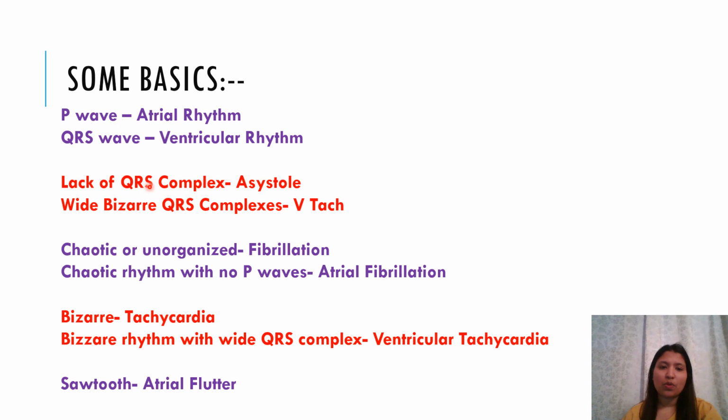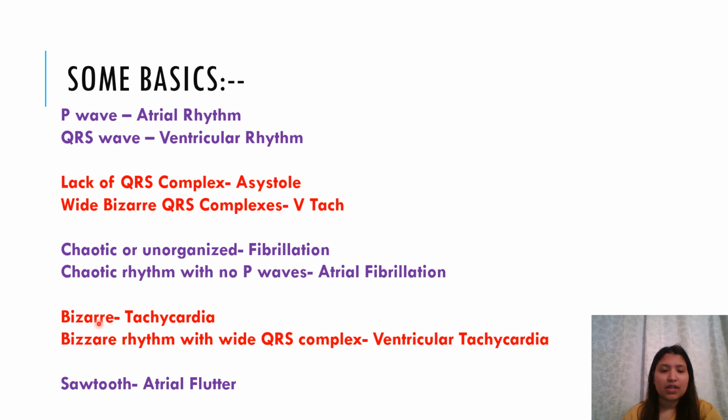Lack of QRS complex is an asystole, and a wide bizarre QRS complex is VTAC. Any chaotic or unorganized rhythm will be a fibrillation, and if there is no P wave, then it will be an atrial fibrillation.